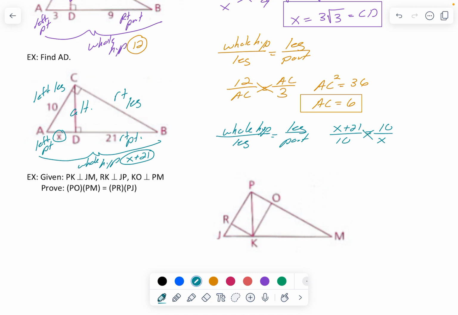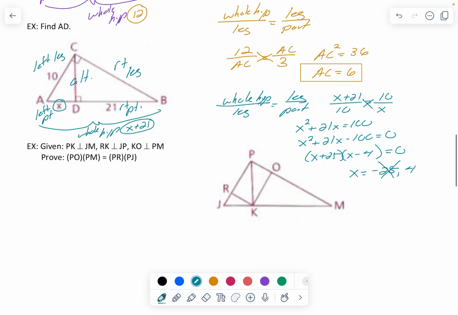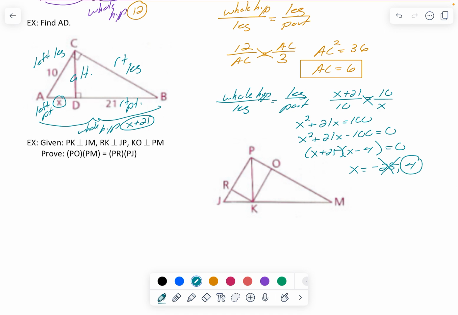Now, when we do the cross product, we're going to get x squared plus 21x equals 100, or x squared plus 21x minus 100 equals 0. If we factor, that's going to be x plus 25, x minus 4. So x equals negative 25 or 4. Now remember, it can't be negative because how can we have a negative length? So 4. So AD equals 4.